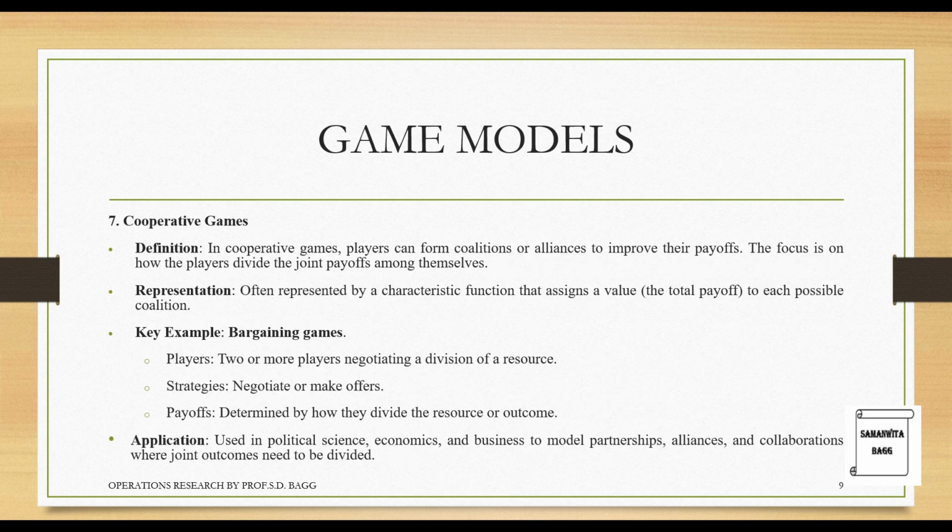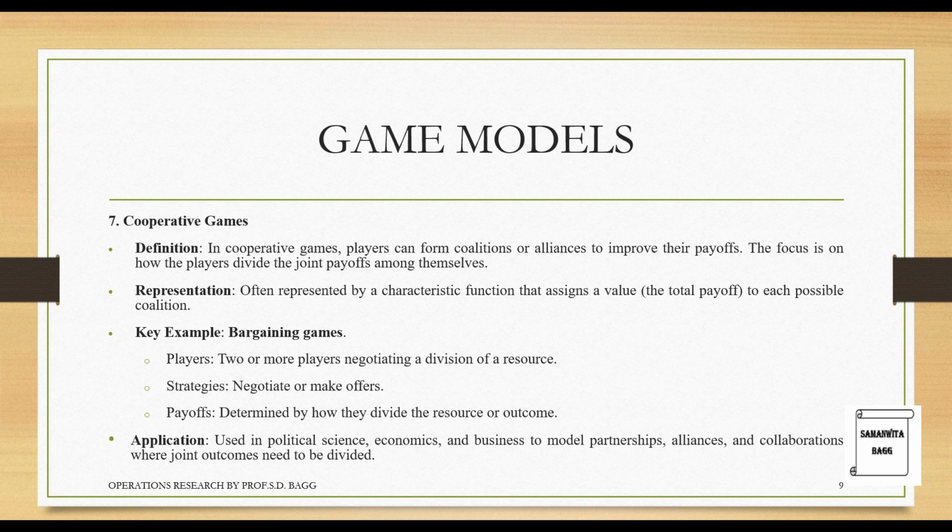The next one is cooperative games. Definition: in cooperative games, players can form coalitions or alliances to improve their payoffs. The focus is on how the players divide the joint payoffs among themselves. Representation: often represented by a characteristic function that assigns a value, the total payoff, to each possible coalition.